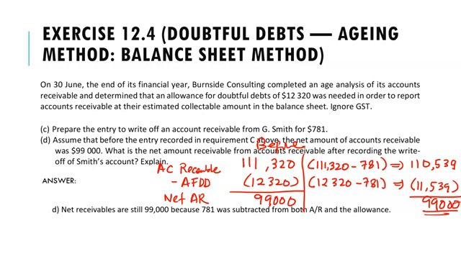So net receivable is still 99,000 because both AR and allowance for doubtful debt are deducted by 781. But the net amount will still be the same in this example.